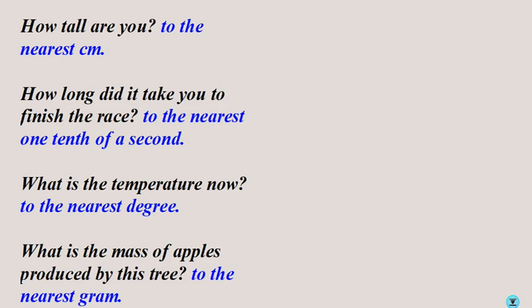However, if the question is how tall are you to the nearest centimeter, or how long did it take you to finish the race to the nearest 1/10 of a second, i.e., when you are asked to round that value, in that case, this variable, even though it is continuous, behaves like a discrete variable.